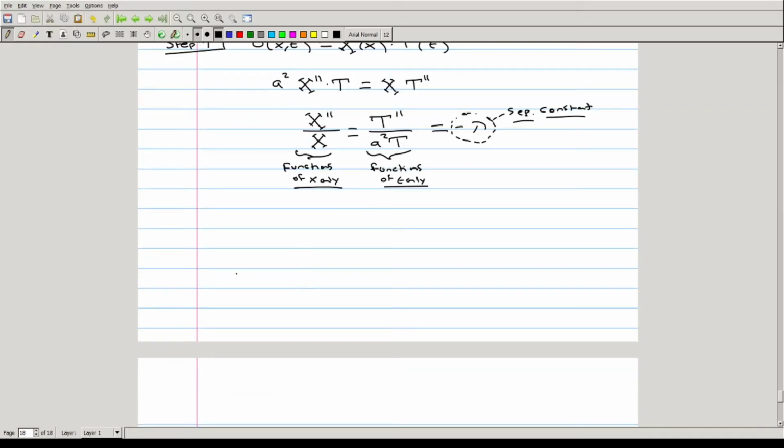Which then reduces our problem to two separate problems. The first being the differential equation X'' plus lambda times X is equal to 0, and T'' plus lambda times T is equal to 0.